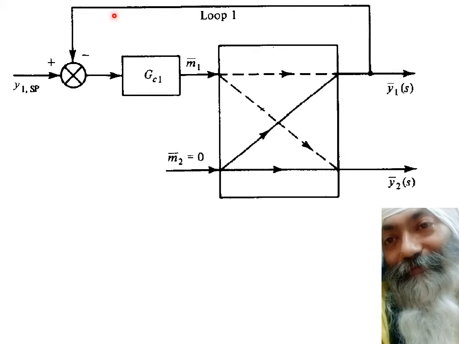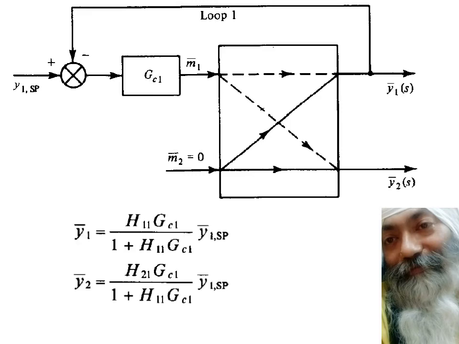That was to be corrected by putting in some action by gc1 over here, but that is disturbing y2 over here, in spite of the fact that this m2 is constant, there is no change in the manipulated variable over here. So this is represented mathematically by these set of equations as y1.